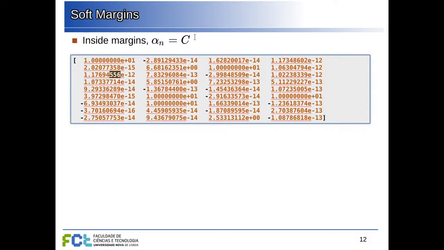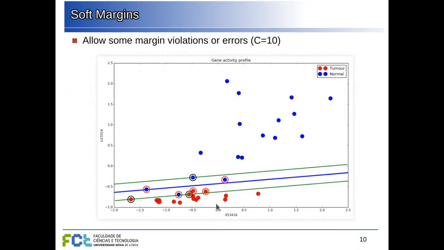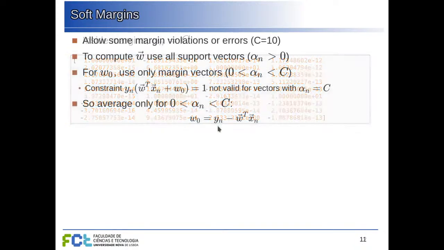They are away from the discriminant, they are over here or over here, and they are irrelevant for where we are placing the discriminant. Then we have some points where the alpha value is exactly 10. This is the maximum we set, the value of C. So these points where we have 10 are those points that are penetrating the margin.